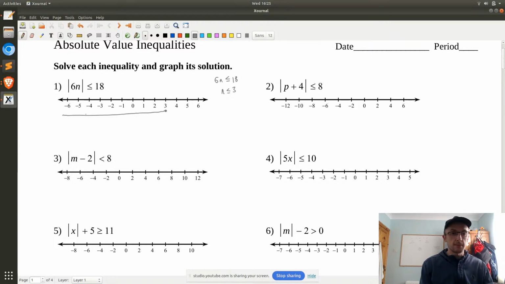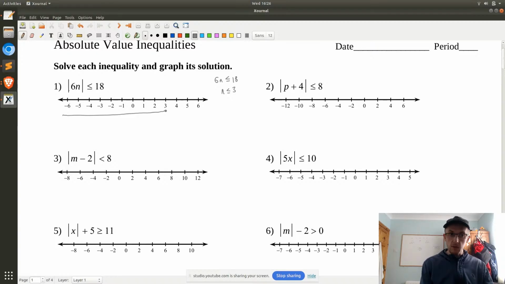Everything would be fine. But this involves the absolute value of 6n. So let's think. If I were to input -5 where n is, would that be valid? It's valid over here because 6 times -5 is -30, and -30 is indeed less than or equal to 18.